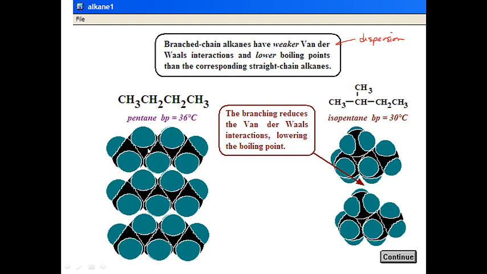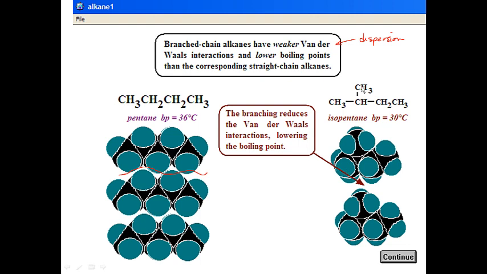And so if you have 3 pentane molecules in contact with each other, you can see that there's a large surface area here. And so there's a lot of places for the induced dipole attractions to occur. The less straight-chained the molecule, the more spherical it becomes and the less surface area that you have coming in contact.